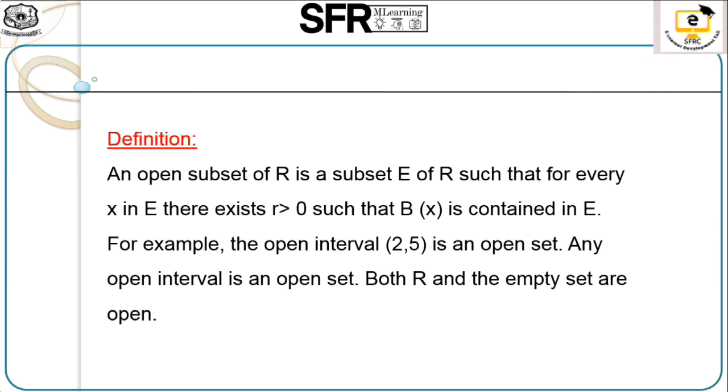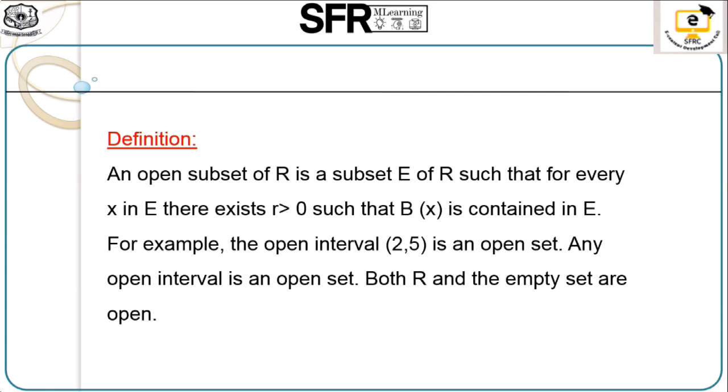Let (M, d) be a metric space, where A is a subset of M. Then A is said to be an open set in the metric space M if for every x belonging to A, there exists a positive real number r such that B(x, r) is a subset of A. Here we have the open interval (2, 5), which is also an open set.